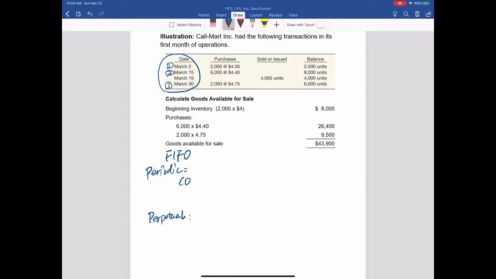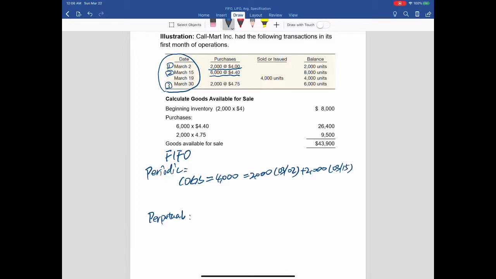To calculate cost of goods sold, we need to know the cost of the 4,000 units. Because first in, first out, the first purchase is the 2,000 units on March 2nd. 2,000 units are from March 2nd. Another 2,000 units is from the second purchase. Okay, so this is March 15th.